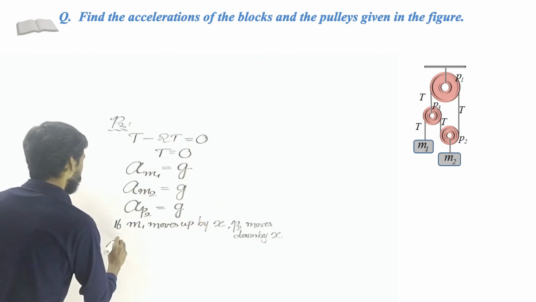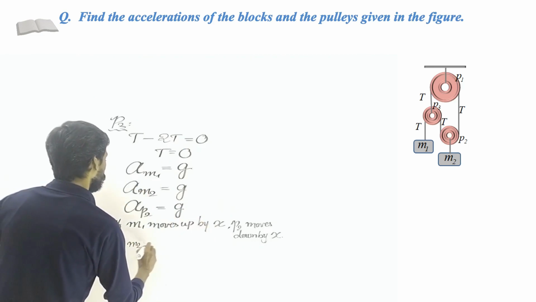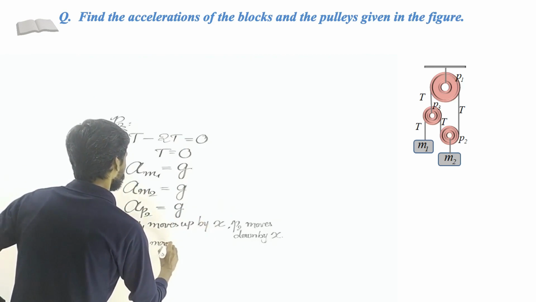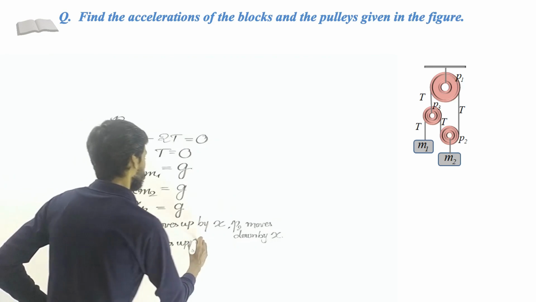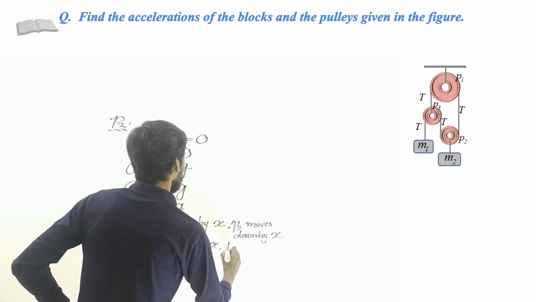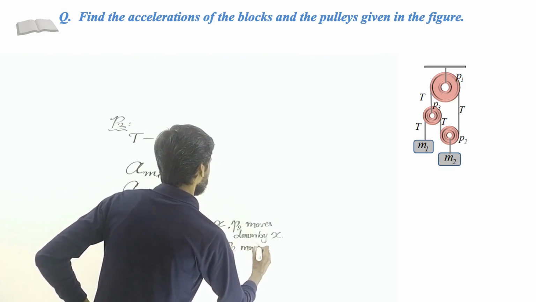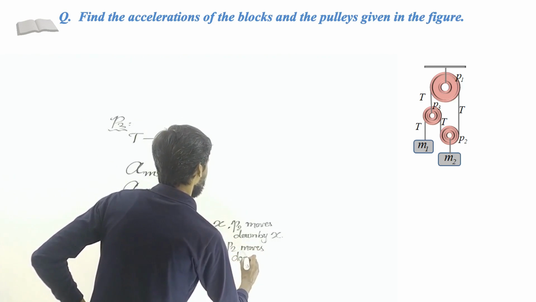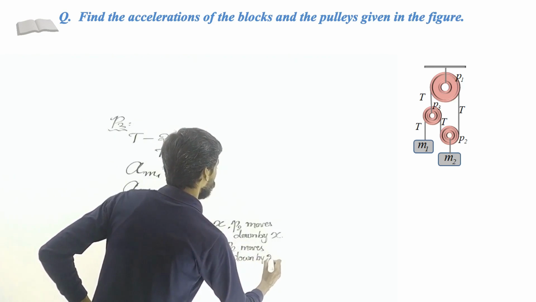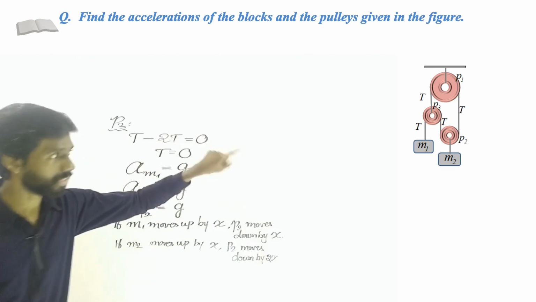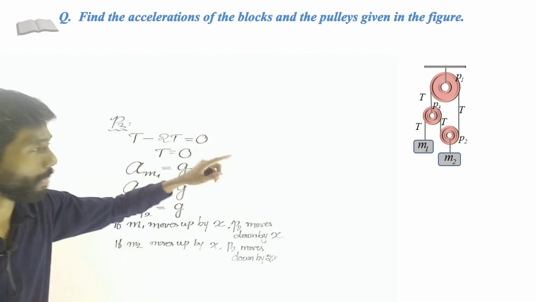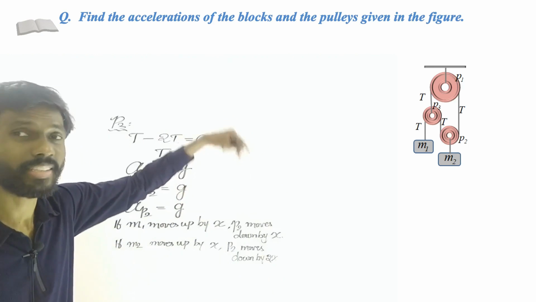Now what about M2? If M2 moves up by the distance x, P3 moves down by the length 2x, because that slack part of 2x is compensated by P3 in the downward direction.